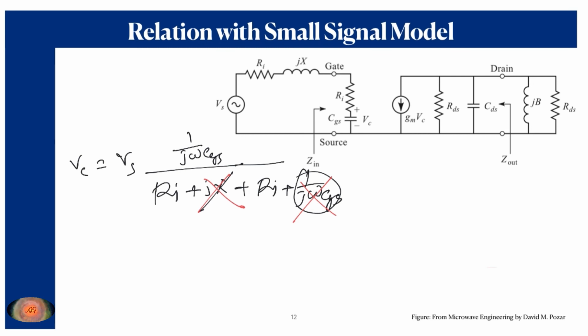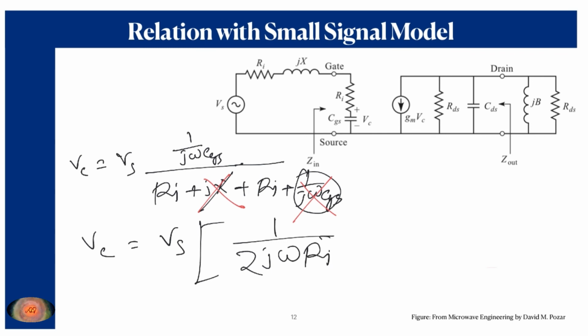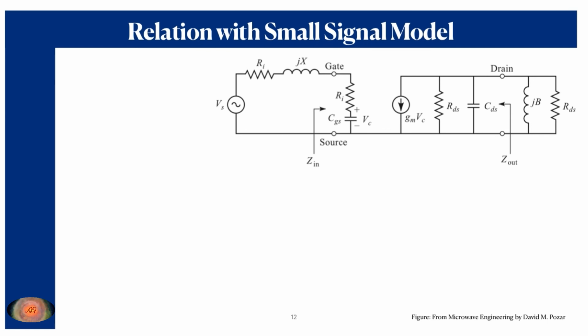Finally, you are getting Vc equal to Vs times 1 over 2 j omega Ri CGS. This is the total voltage which is actually driving this current source, and that is why I am writing this value, which I have obtained using the voltage divider rule.